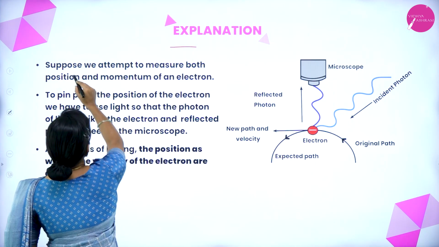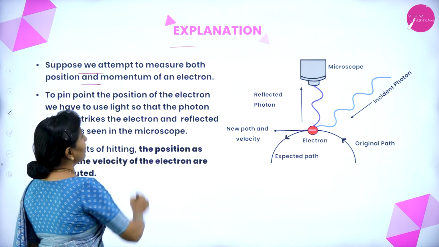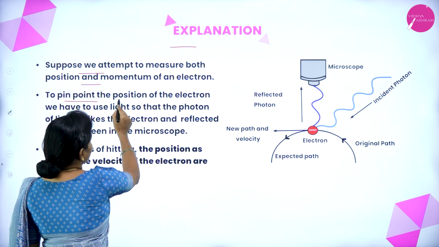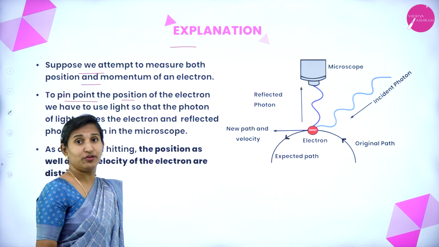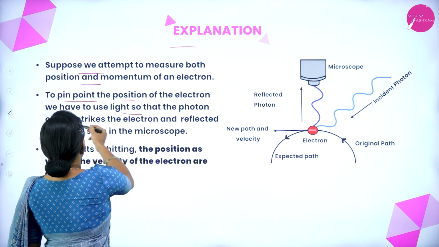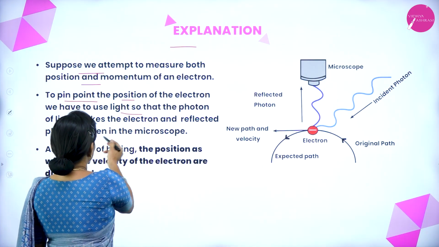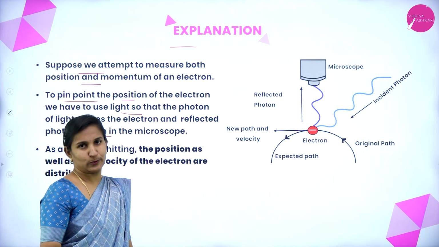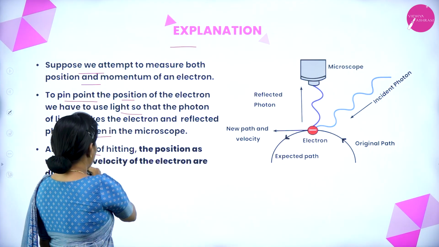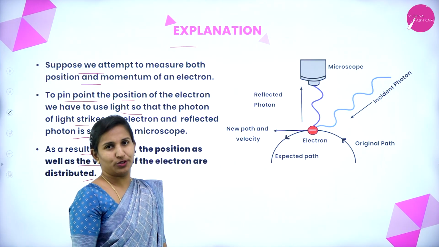Explanation. Suppose we attempt to measure both position and momentum of an electron. To pinpoint the position of the electron, we use light, so that a photon of light strikes the electron and is reflected, and the photon is seen in the microscope. As a result of the hit, both the position and the velocity of the electron are disturbed.